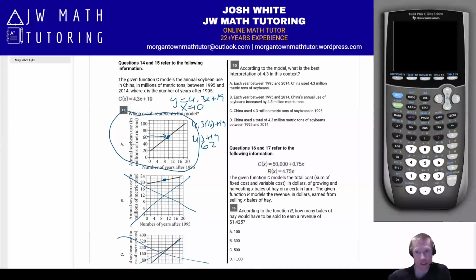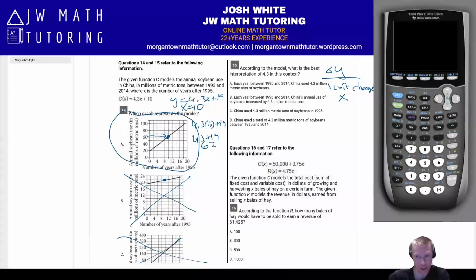Now, for number 15, what does the 4.3 mean in this context? Notice 4.3 represents the slope. When you have these linear functions, linear equations, the slope is the change in the y variable, or the output, for every 1 unit change in x.